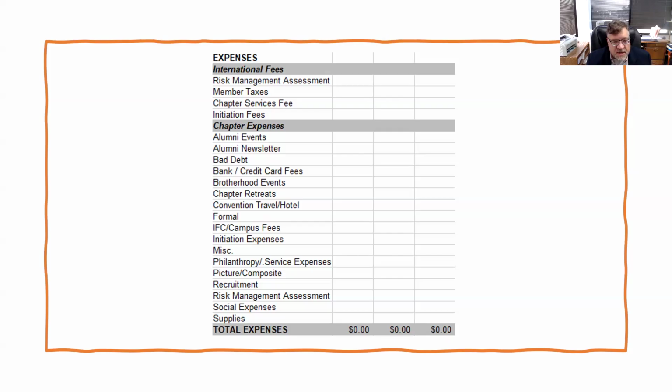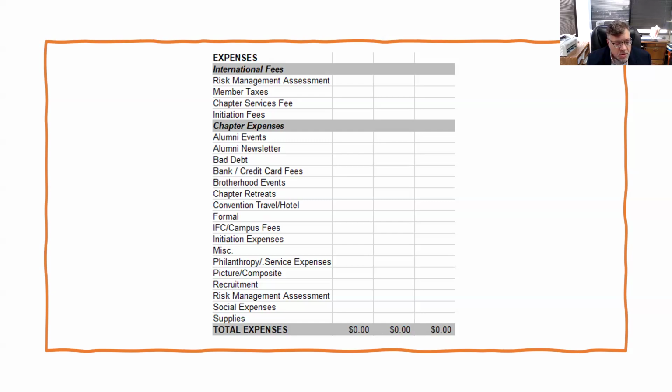The risk management assessment, when we send out that invoice, unless there's something we clearly made as a mistake, that's set in stone. Because again, that's from the invoice of what we've gotten from our insurance company. But member tax, which is a per member bill, that we will adjust accordingly.